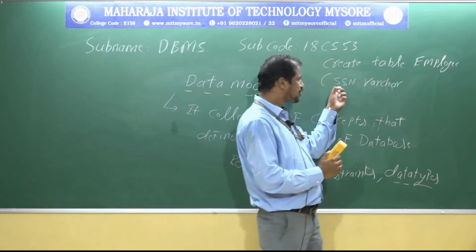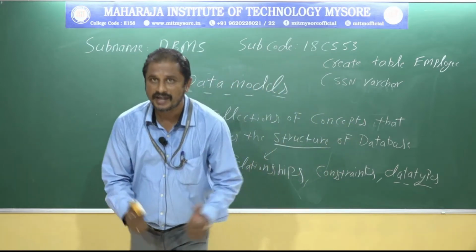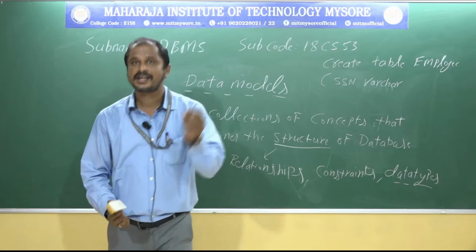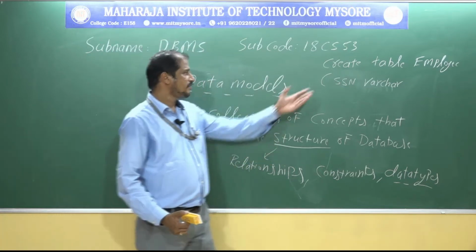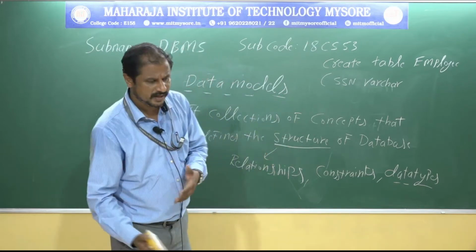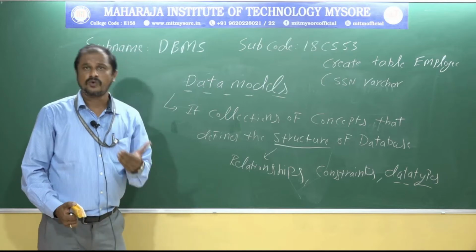SSN is a social security number which may contain a mix of characters and numbers. If I take USN, you people have 4MH IS 18101.